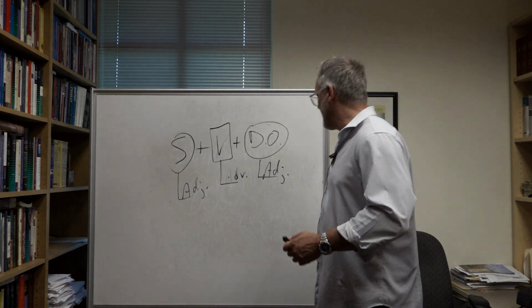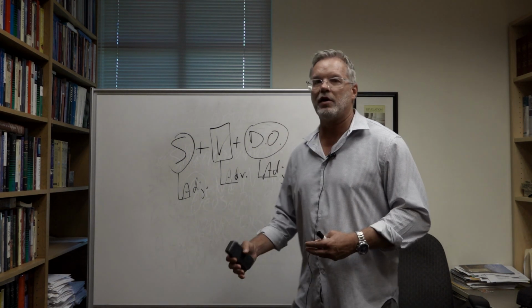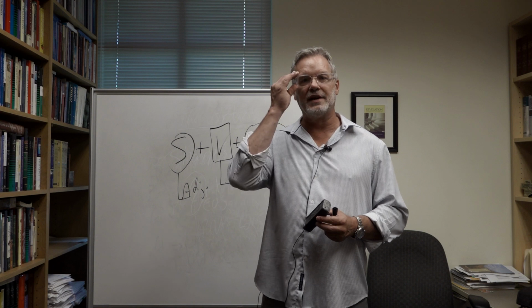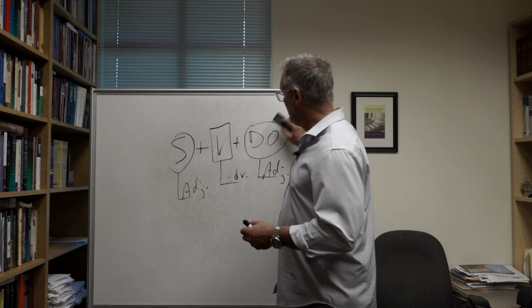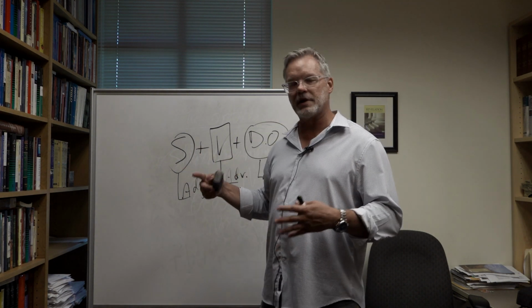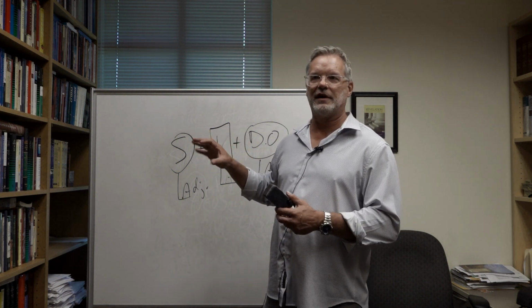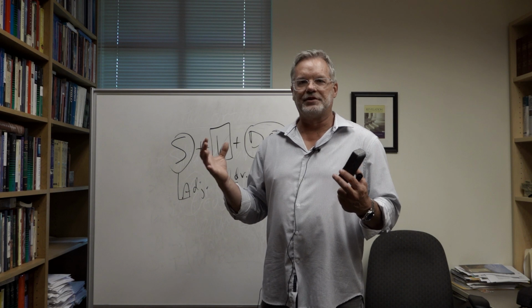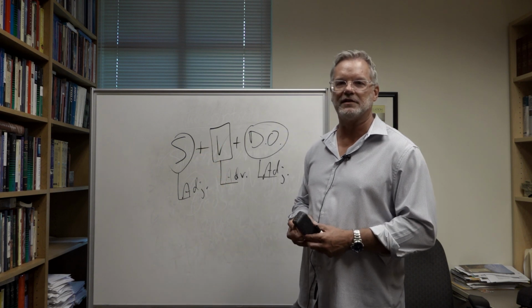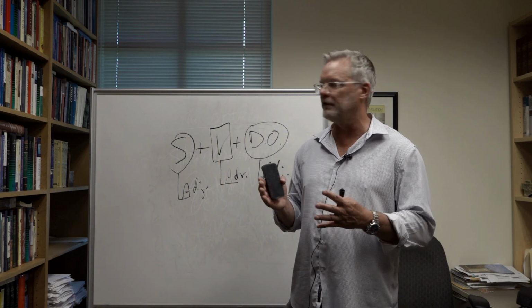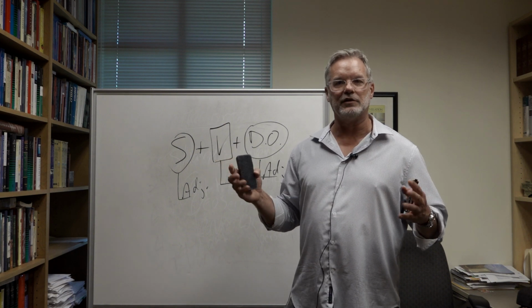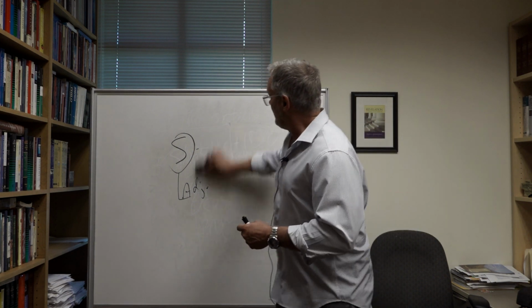When it comes to adjectives, there are basically three ways that an adjective can function. And again, we'll use this model, this symbolic representation of the sentence, to help us see how the adjective can fill different containers in the clause.